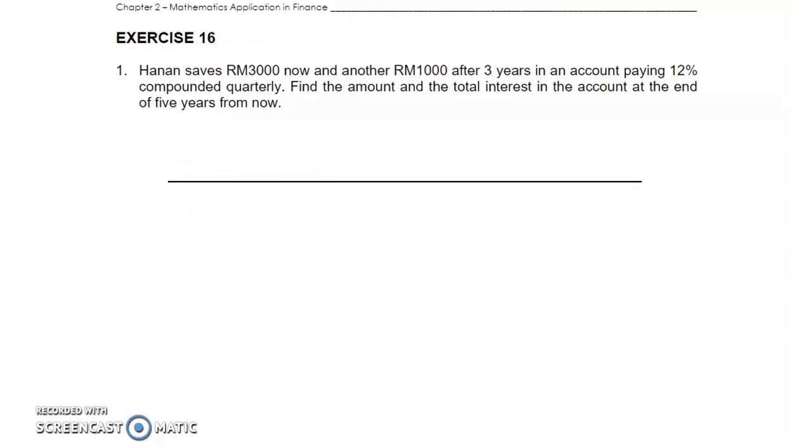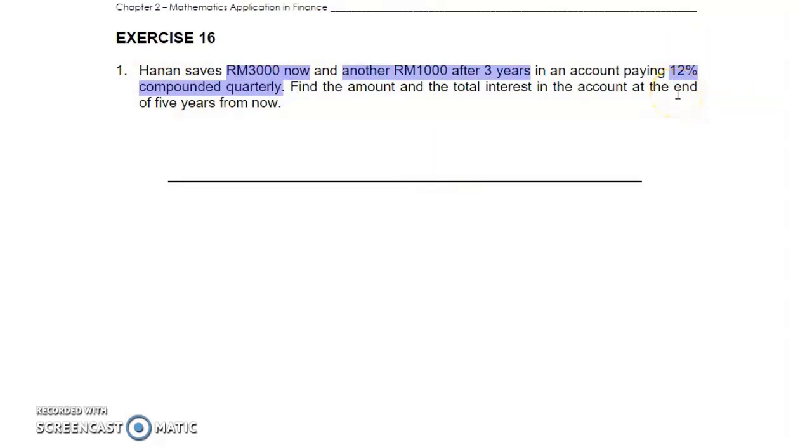Okay, now let's look at example exercise 16. Hanan saved 3,000 ringgit now and another 1,000 after 3 years. Okay, so this example, we have two principals in an account paying 12% compounded quarterly. So in this case, we have one rate only.